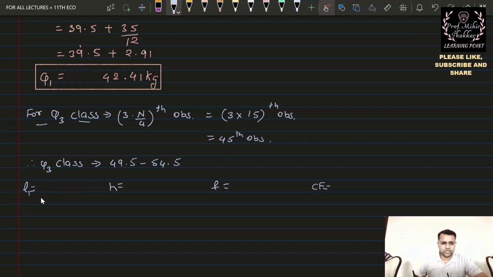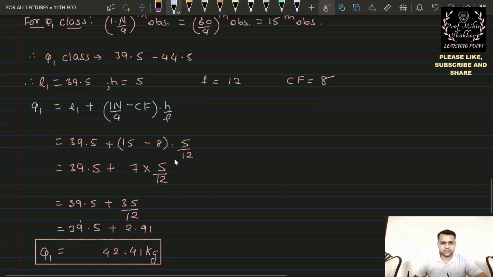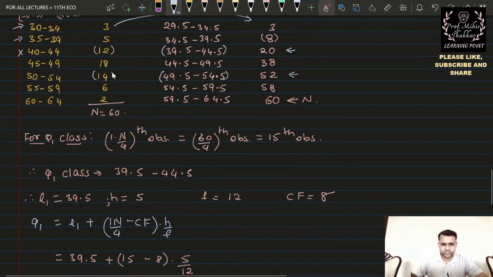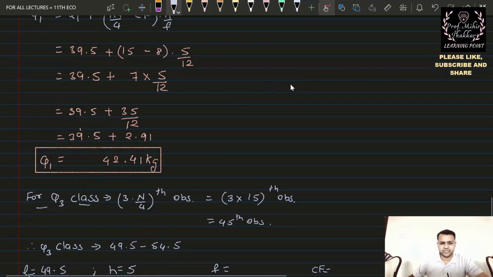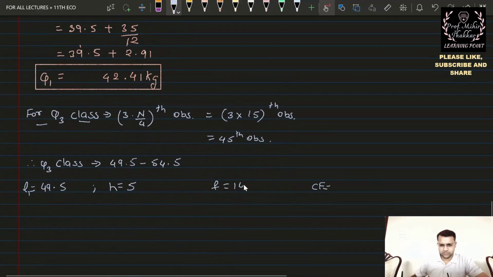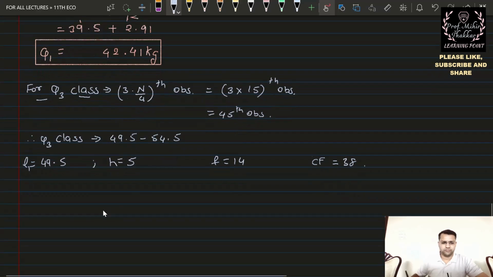So what is the lower limit over here? It is 49.5. H is the class interval or the class width which is 5. For this class, the frequency that I have is 14 and the cumulative frequency of the above class is 38. Okay.